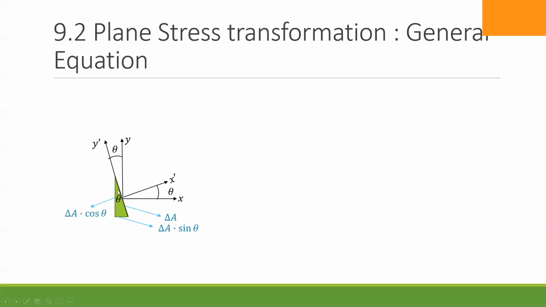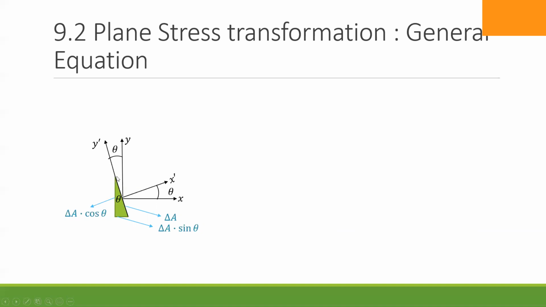Also, we know the stresses on these surfaces. For example, on this surface I want to say sigma x prime, and on this surface sigma y prime. Sorry, sigma y and sigma x.